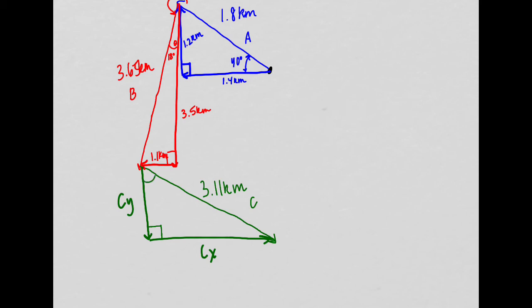Okay, now that we know that, we can solve for Cx and Cy using sine and cosine. So the sine of 52 is equal to the opposite, which is Cx, over hypotenuse, which is 3.11. Multiply both sides by 3.11, and I get sine of 52 times 3.11 equals Cx. I plug that into the calculator, I get 2.5 kilometers equals Cx.